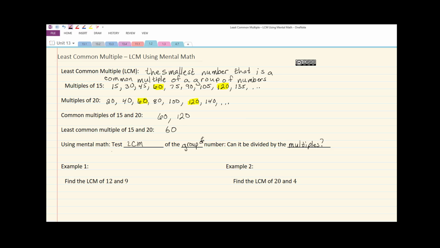And in this case, 60 can be divided by 15. 60 can be divided by 20. So the answer is yes. So 60 is our LCM of 15 and 20.